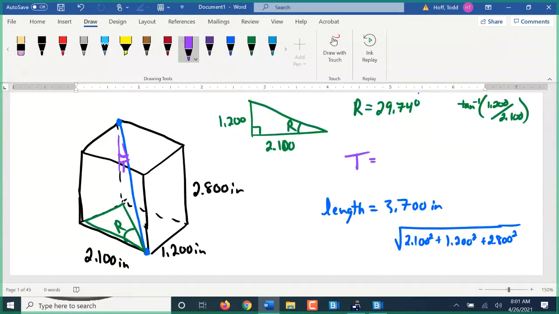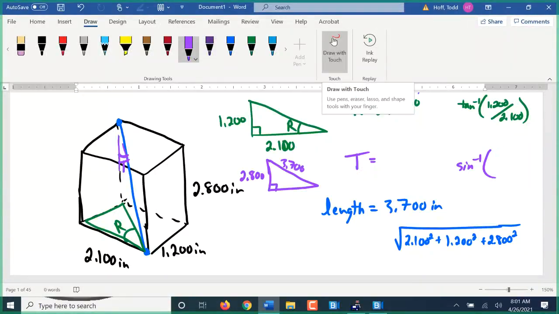And then T will be the inverse sine. Will be the 2.8 here, over 3.70. How do I find T? Actually, T is not going to be inverse sine, it'll be inverse cosine, because T is up here, right?